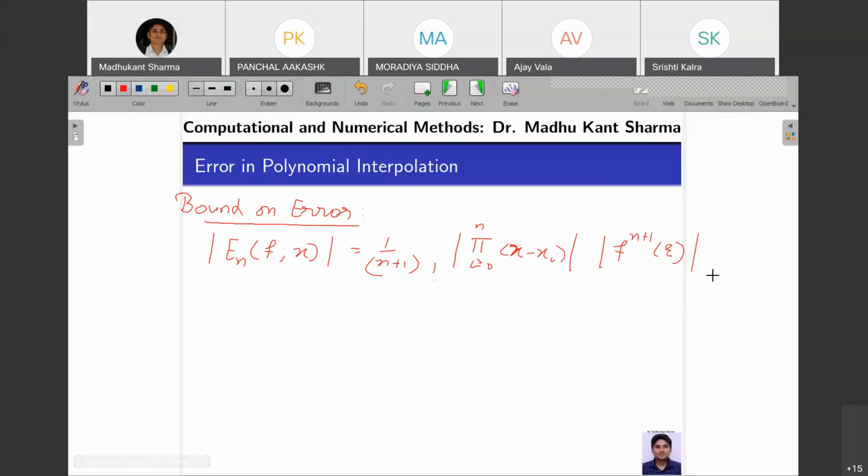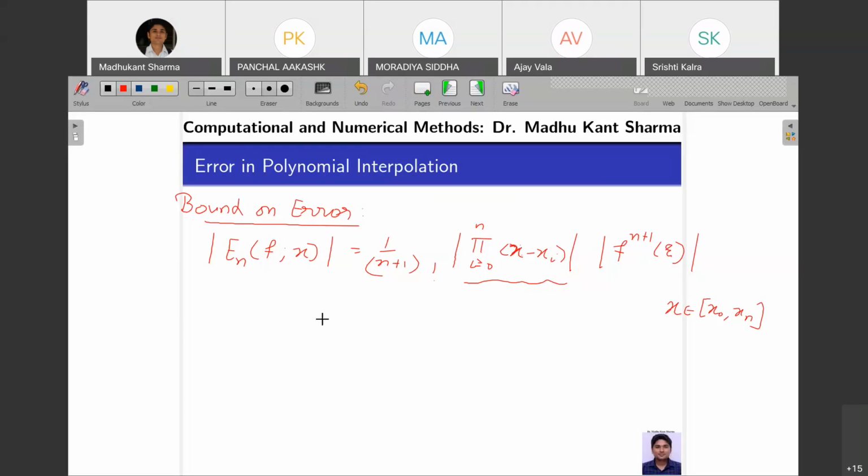So how would you bound it? This is a polynomial which is continuous, uniformly continuous, and so on. And x lies between x naught and xn, where x naught is a and xn is b. So you can take the maximum and then use the bound.